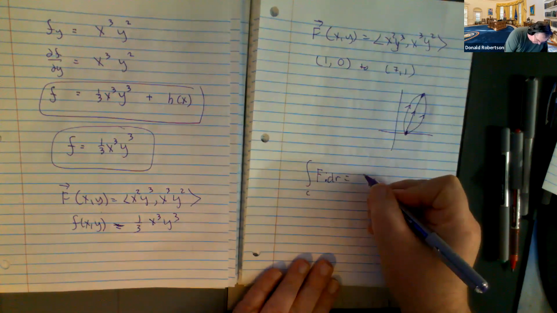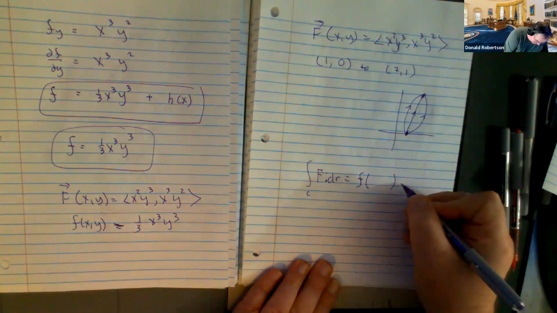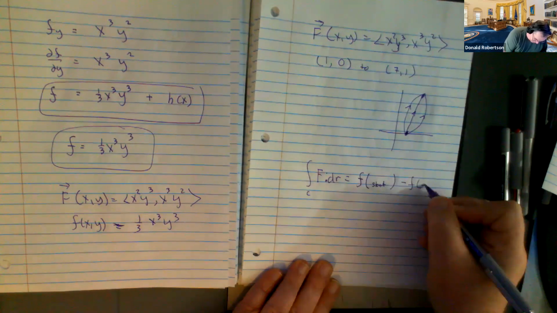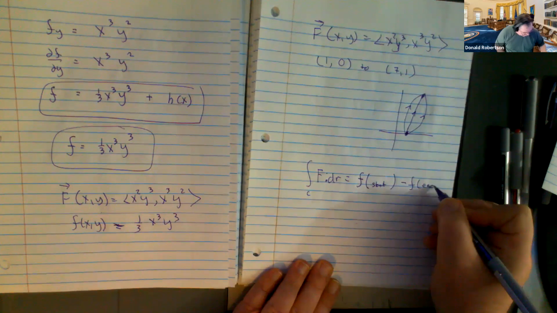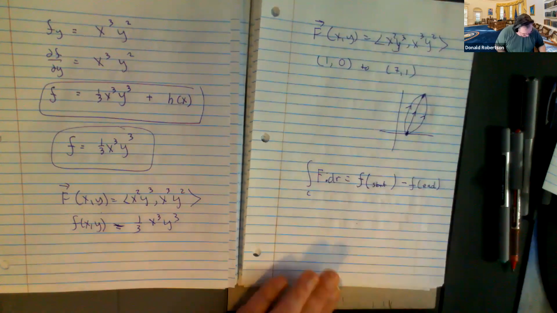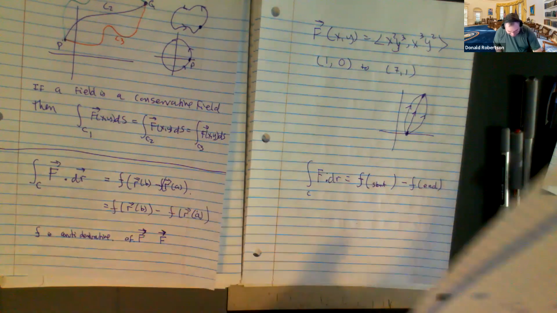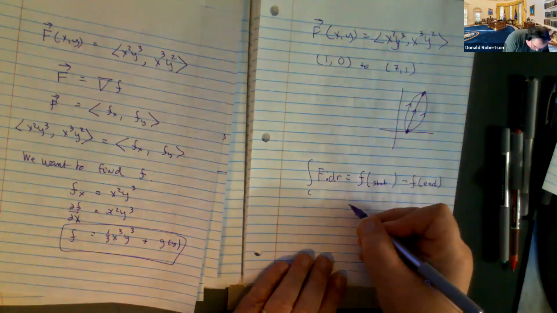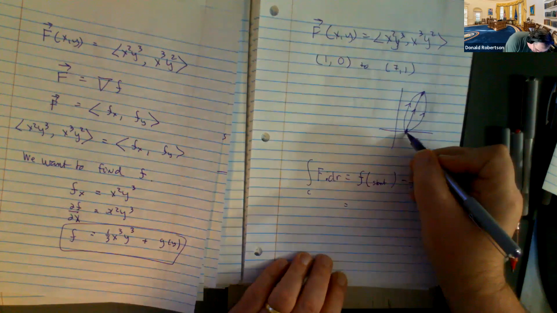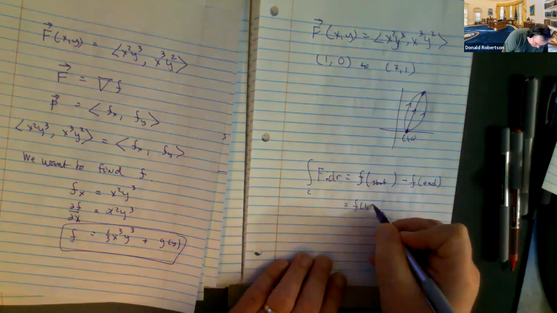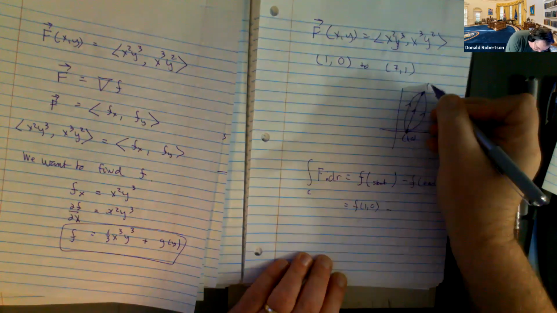The answer is going to be F at the start, take away F at the end. I prefer that more than the generic formula that I wrote down here. It's a bit like F of b take away F of a. So let's see. The coordinates at the start were (1, 0), and the coordinates at the end were (7, 1).